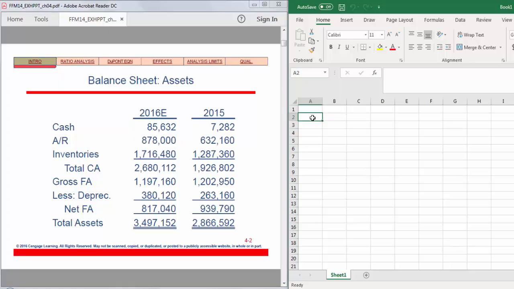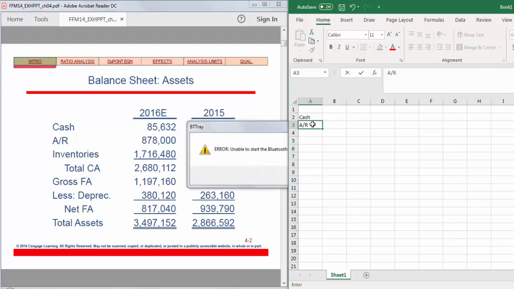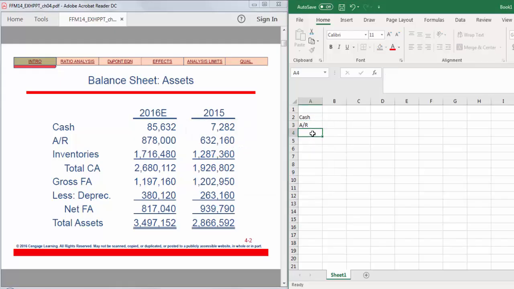So we can quickly recreate it: you have cash, accounts receivable, inventory, then total current asset, gross fixed asset less depreciation, then you have net fixed asset, and then total asset. So this is for 2016 estimate.